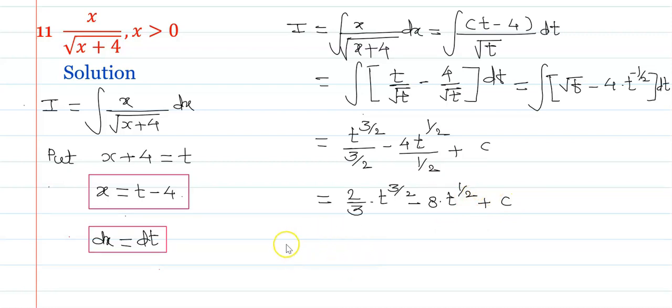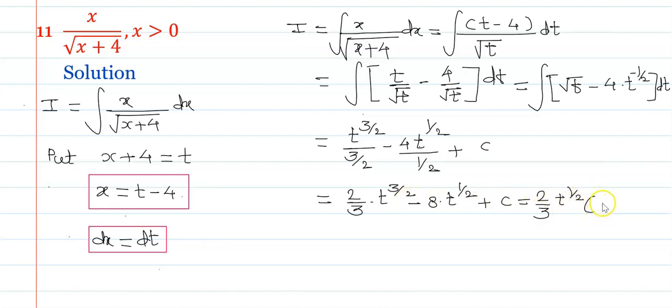And therefore here we can resubstitute the value of t. Also, you can take t raised to 1 upon 2 as common, and 2 by 3 as common.